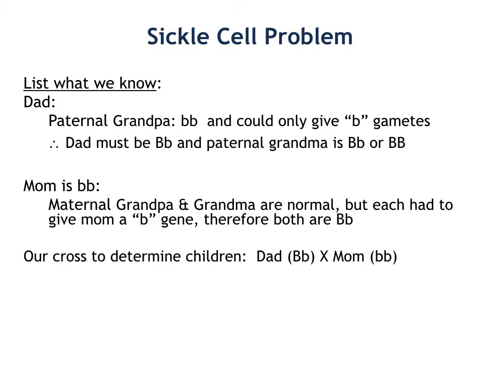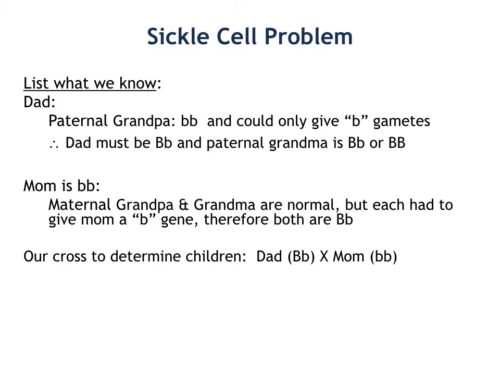Okay, now our mother, we know, also has sickle cell disease, so her genotype must be completely homozygous recessive, little b, little b. And maternal grandfather and grandmother are normal, but each of them had to give the mother a little b gene.